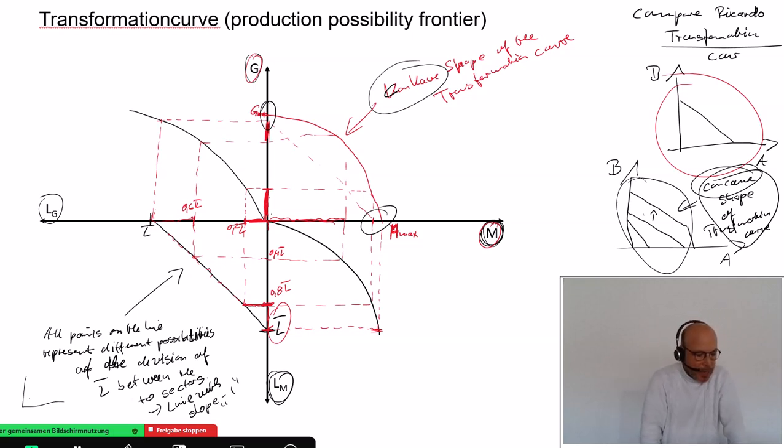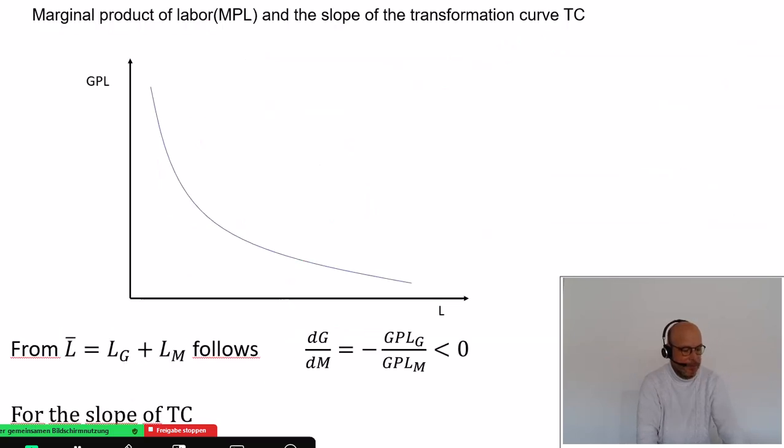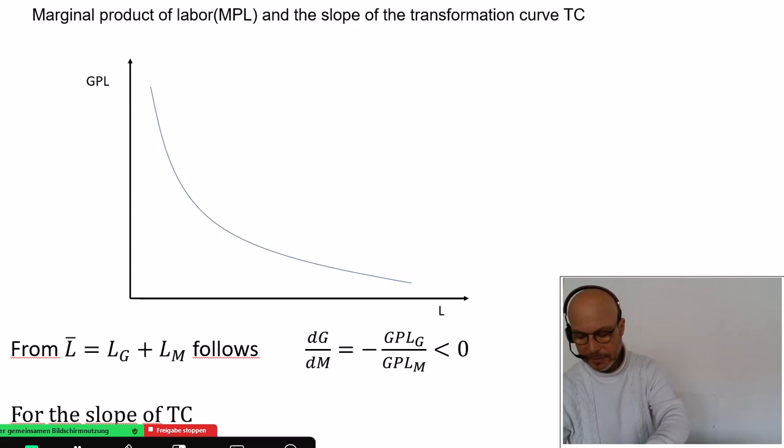So now we have our shape of the transformation curve we have to use later on. Keep this in mind. So next one. In general, we want to look at the labor market.